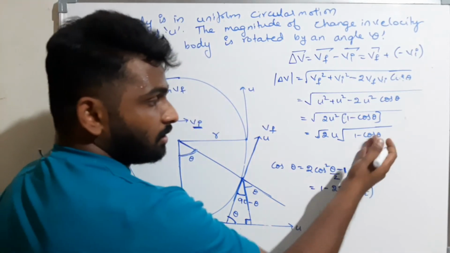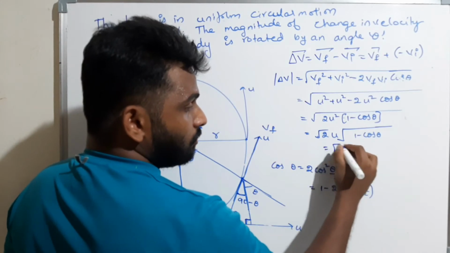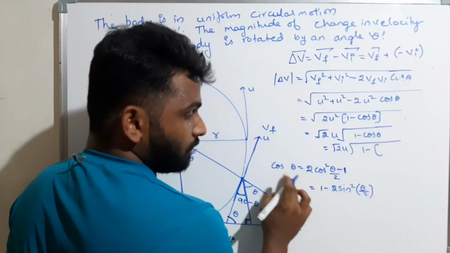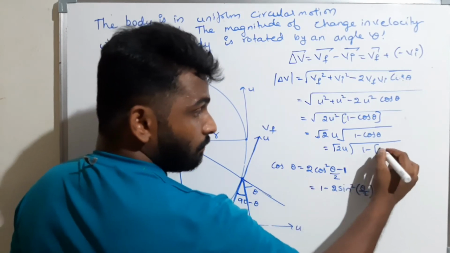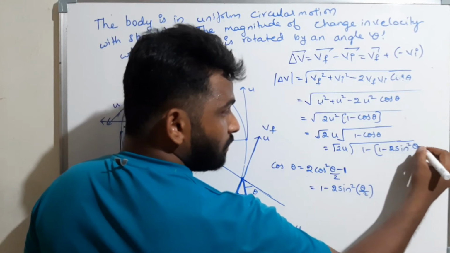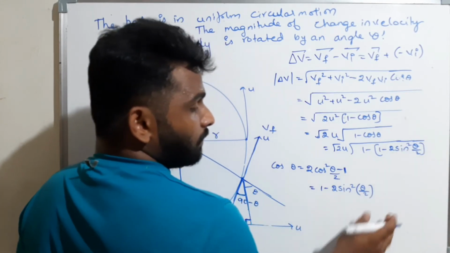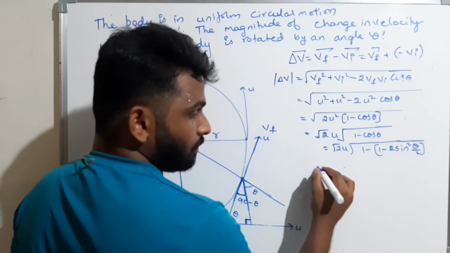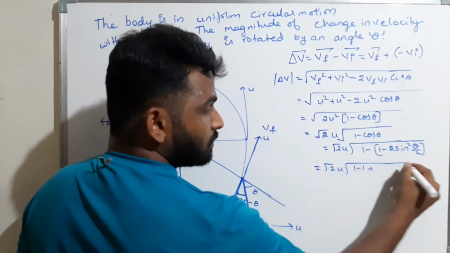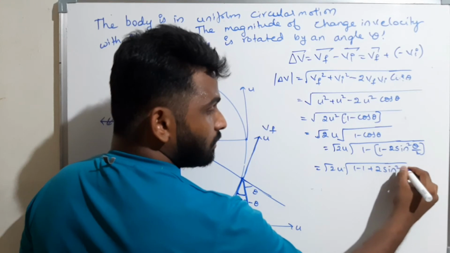I am using the same thing here. Root 2 U under root 1 minus, in place of cos theta I am using 1 minus 2 sin square theta by 2. Therefore, what will you get? Root 2 U into root of 1 minus 1 plus 2 sin square theta by 2.